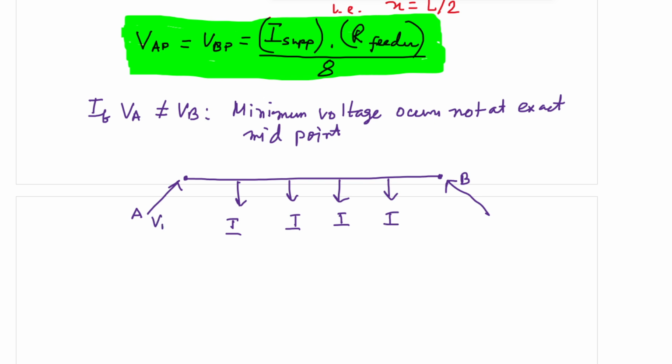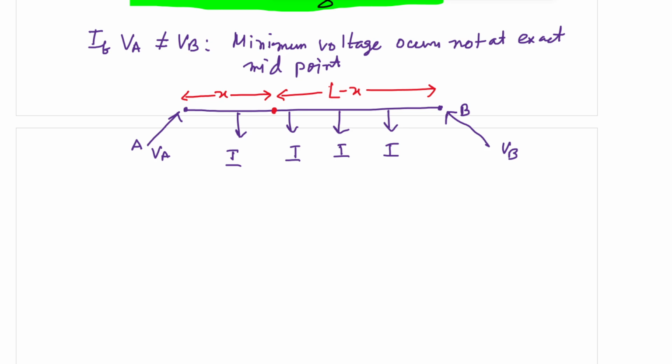So VA is not equal to VB. Now let us consider the minimum voltage at this point P. It is not the midpoint. So where should be the location of P? It should be located x from point A, or L minus x distance from B.